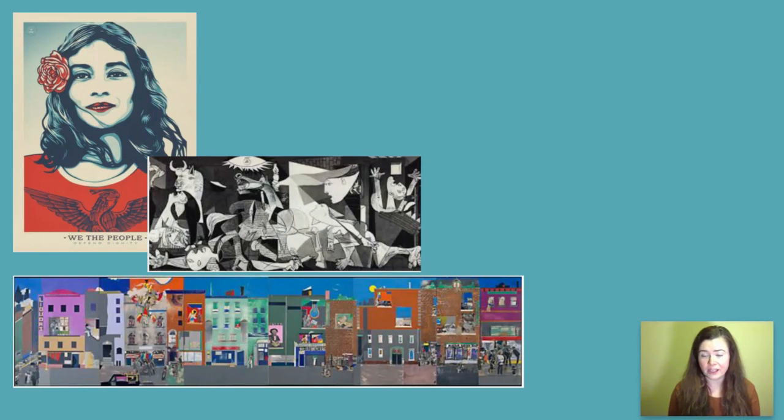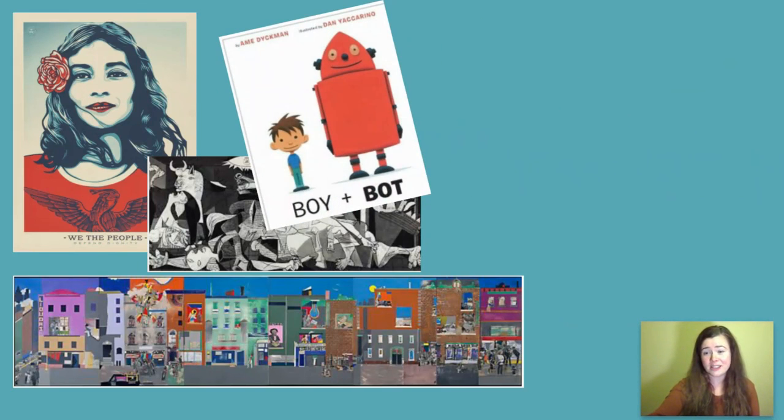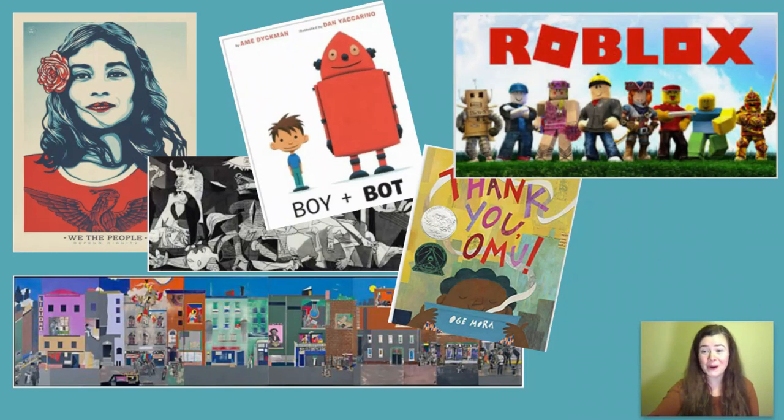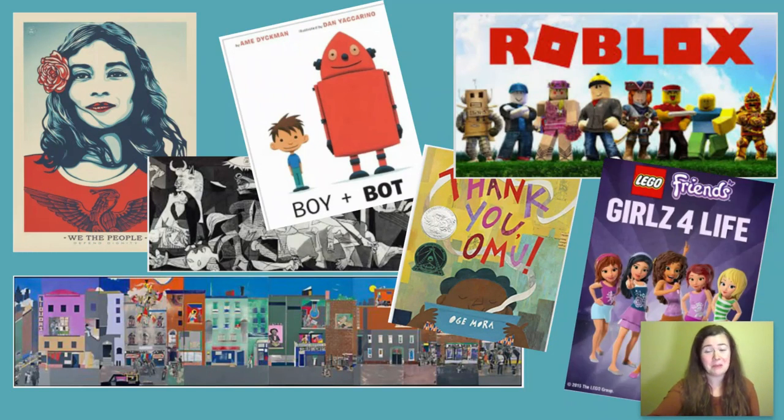So whether we are looking at fine art in museums, online, or all across our cities, whether we are trying to better understand a text with powerful images, or whether we are just simply playing games with friends, visual literacies are at play. Visual literacies are powerful tools to help us understand all of the aspects of what we see in our world.